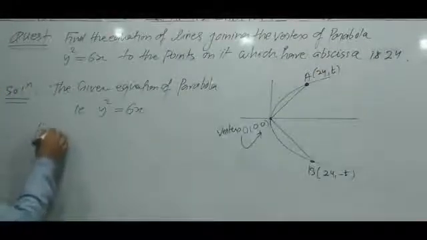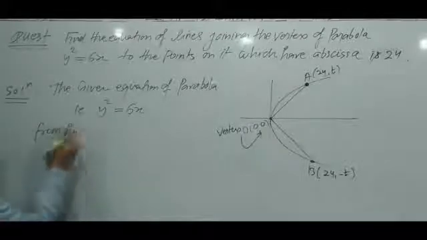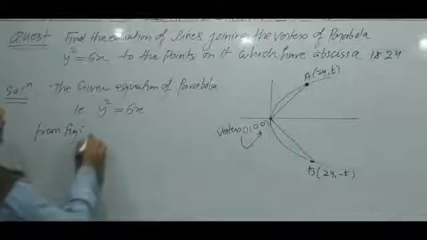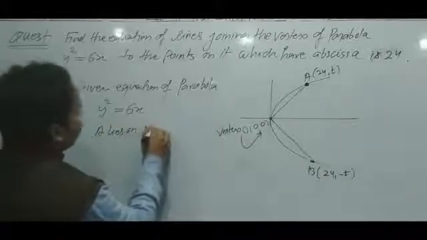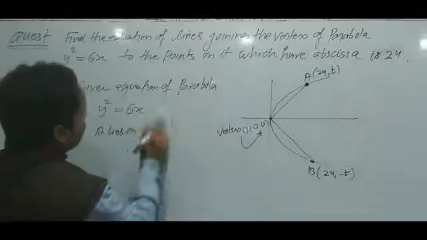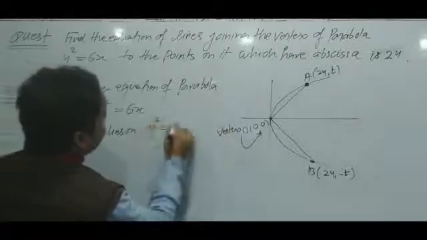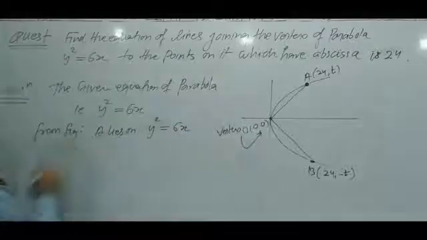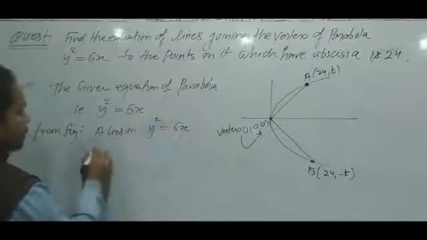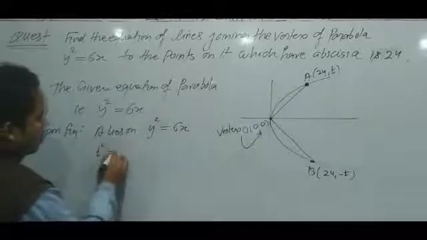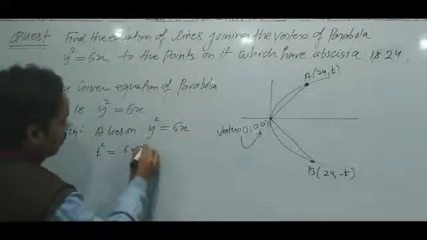Therefore, A lies on y square is equal to 6x, so the point (24, t) will satisfy the equation. Means t square is equal to 6 into 24.